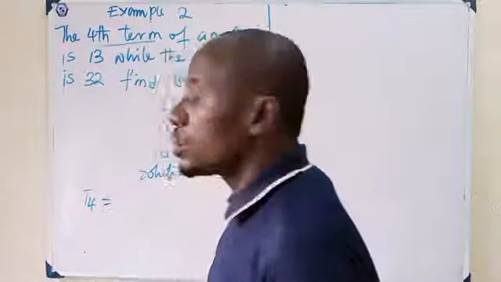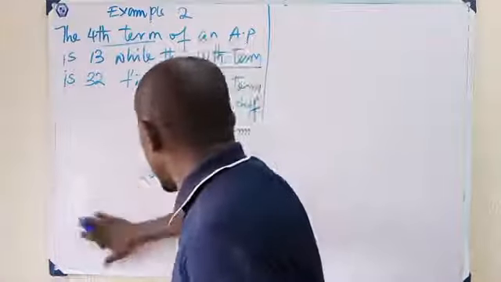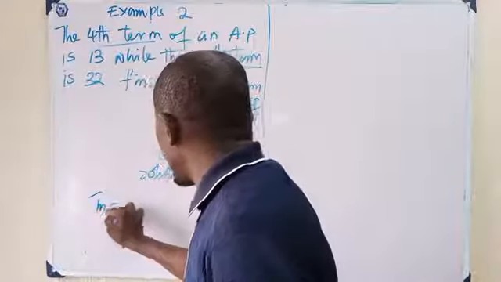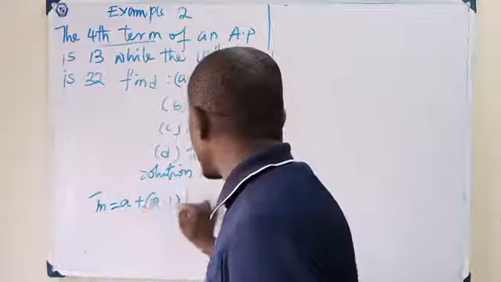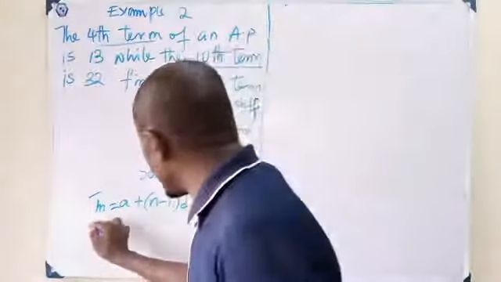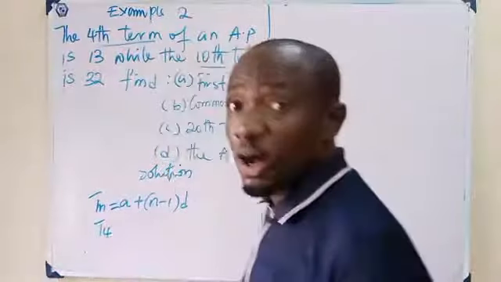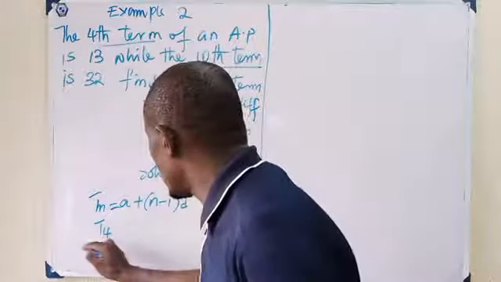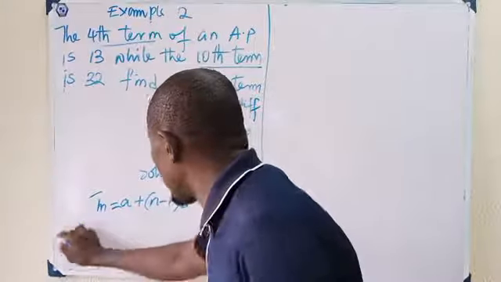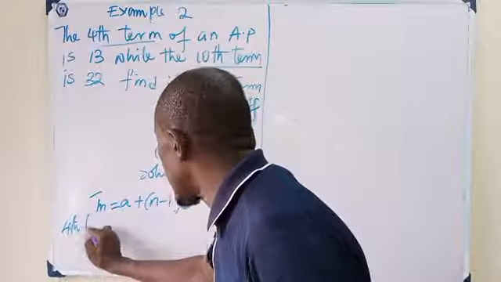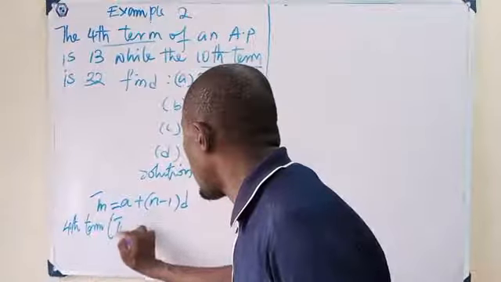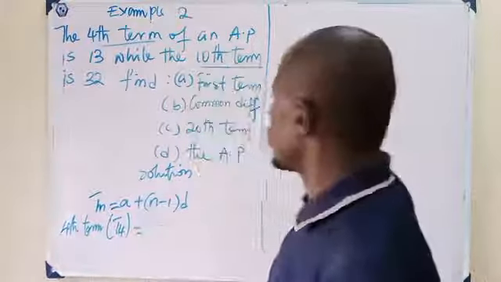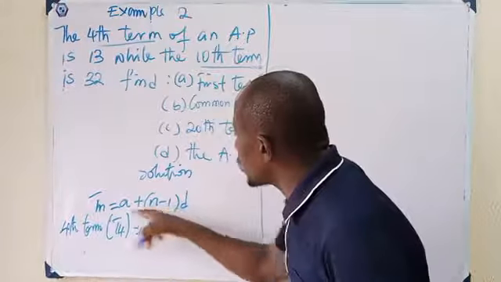Which is equal to, okay, let's look at the nth term first. Tn is equal to a plus n minus 1 times d, right? So now T4, which is the fourth term, T4 is equal to, wherever you see n here, put what? 4.